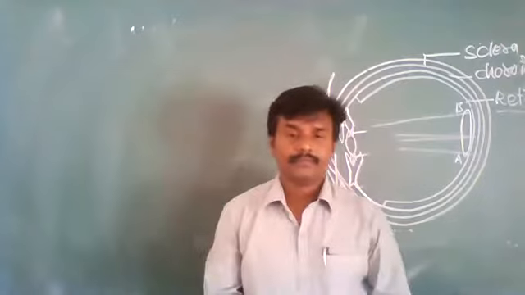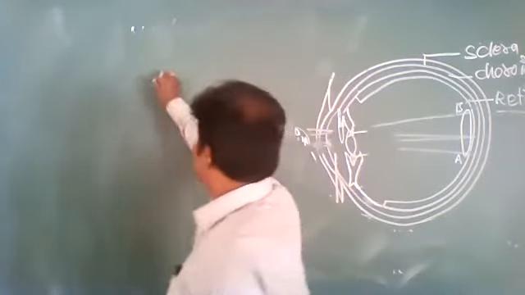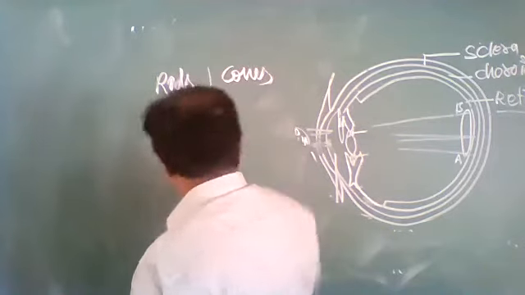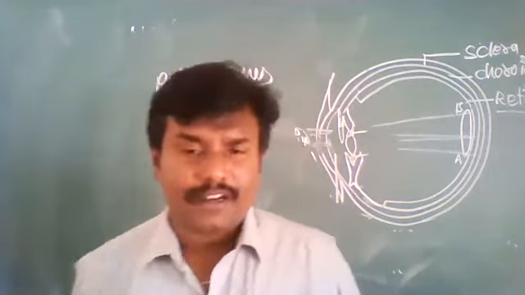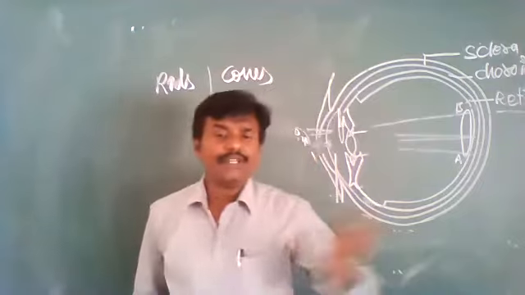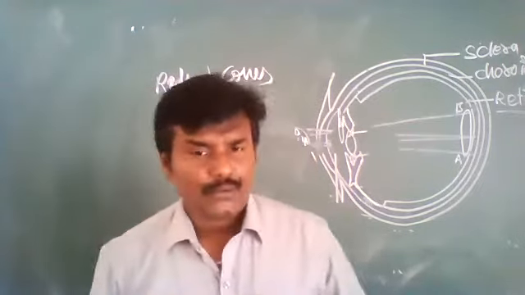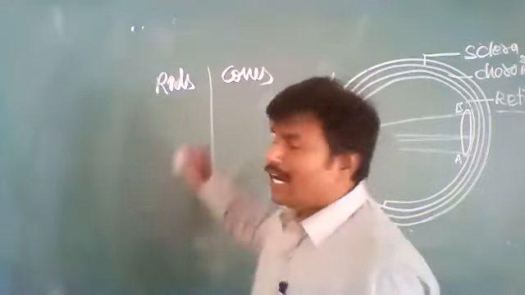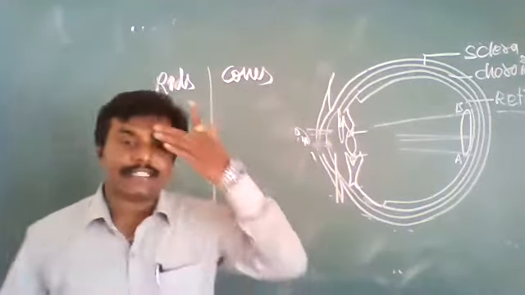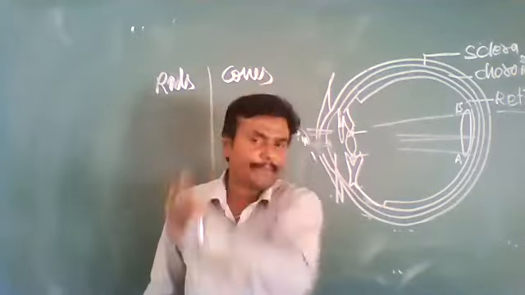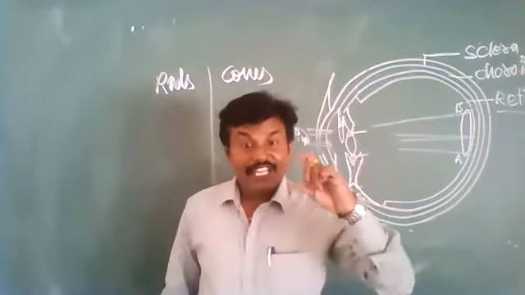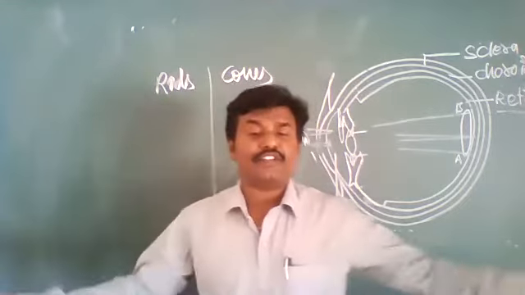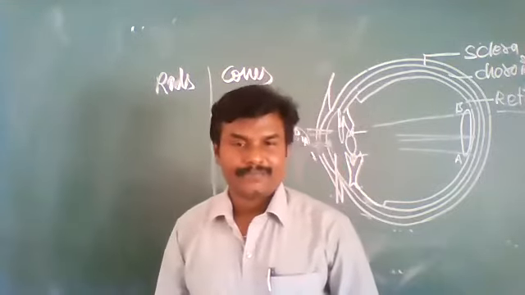See, rods and cones. Rods are responsible for effective vision during night time or dim light. So the rods make our vision during night black and white. Black and white are shades of grey color. The cones are responsible for effective vision during day time.